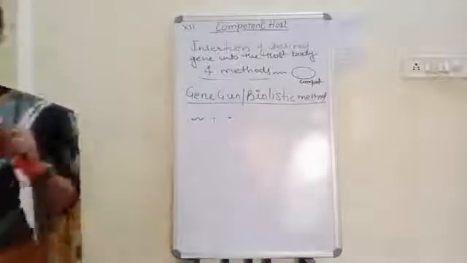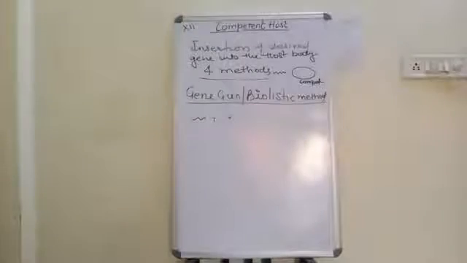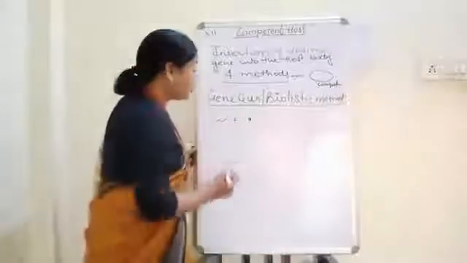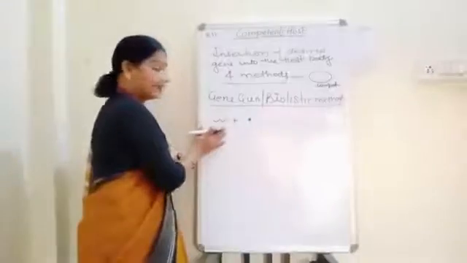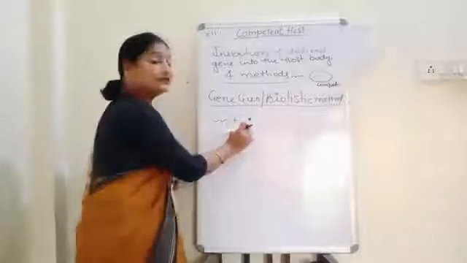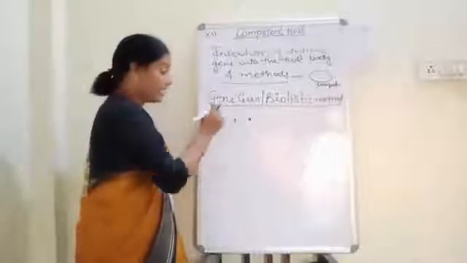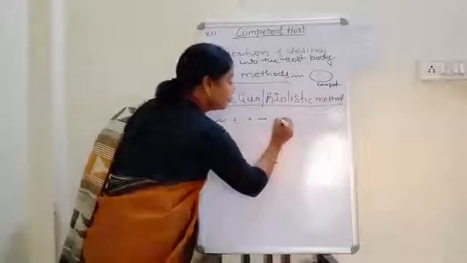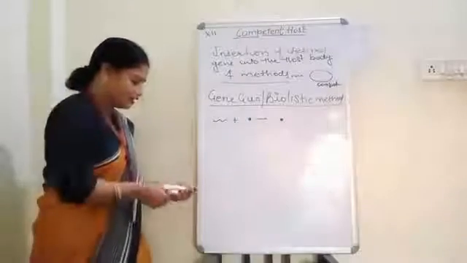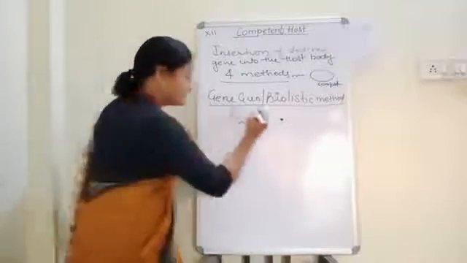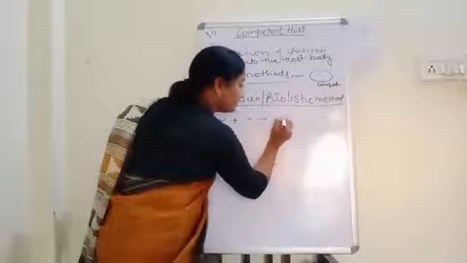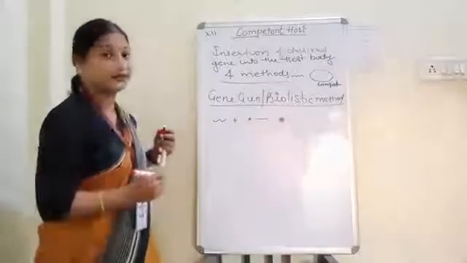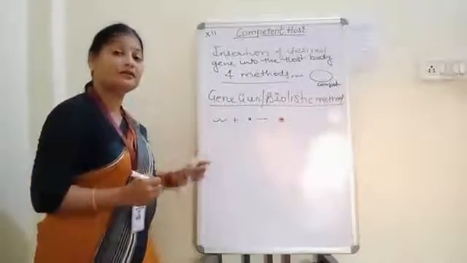Okay? See, what we do, we take the gene, we take the gold. Okay? And we will coat this gold along with the desired gene or desired DNA. It is just acting like a bullet. That's why it is a gene gun method.